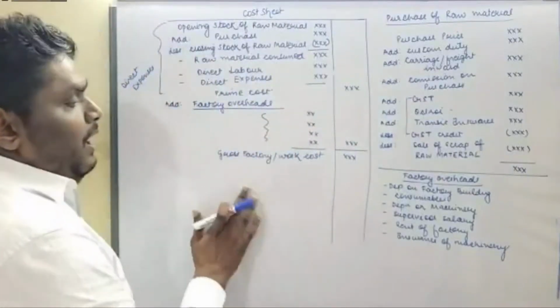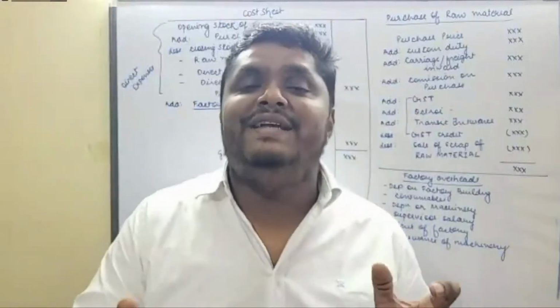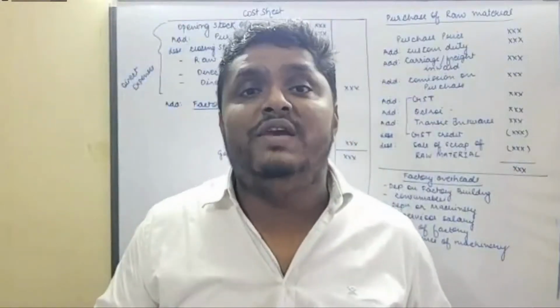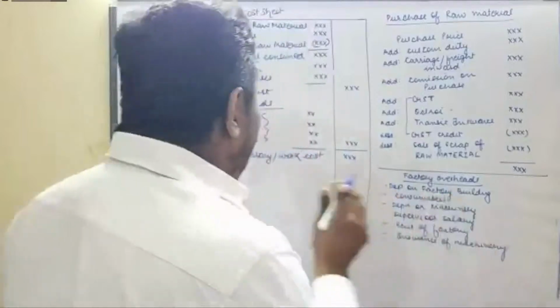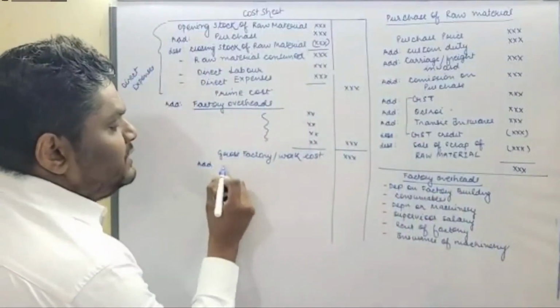So, after calculation of gross factory cost or work cost, we will make adjustments of opening and closing work in progress.